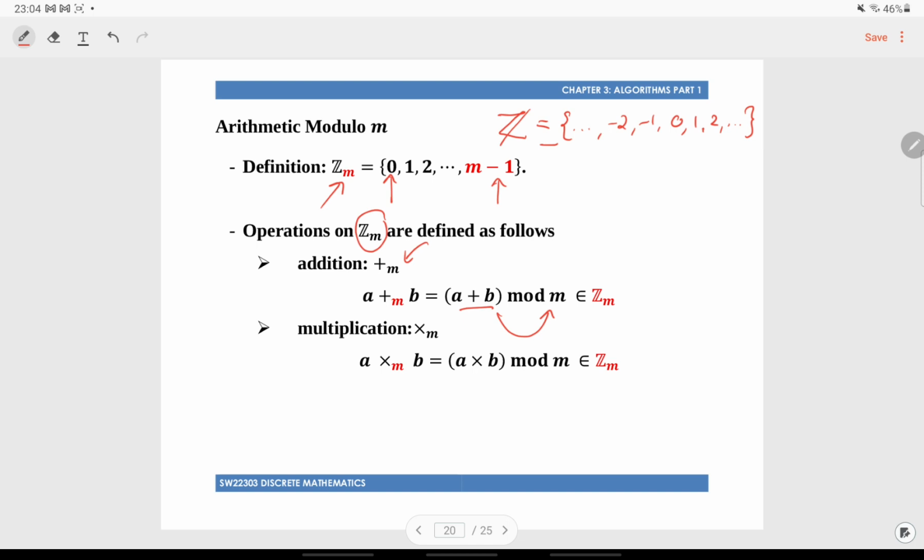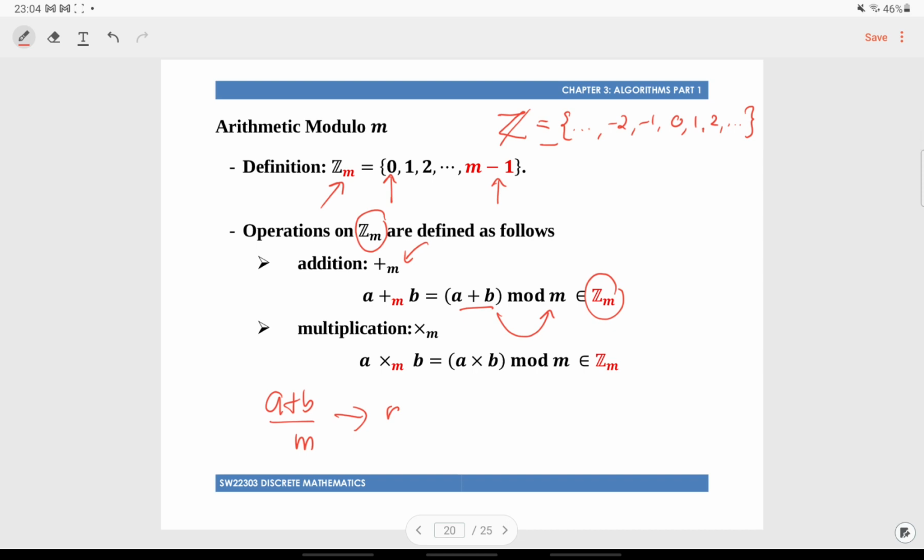What does it mean? That means we want to find the remainder when we divide A plus B by M. We are looking for the remainder value, which always belongs to the set ZM.